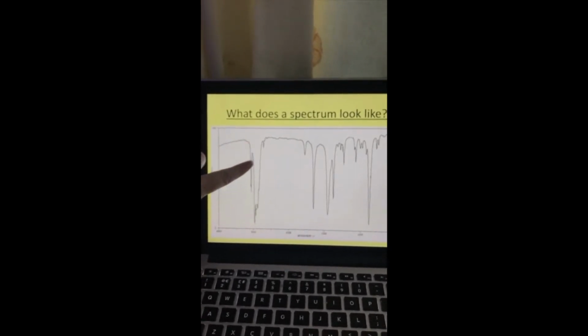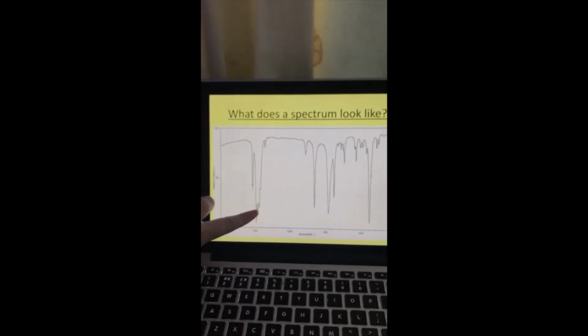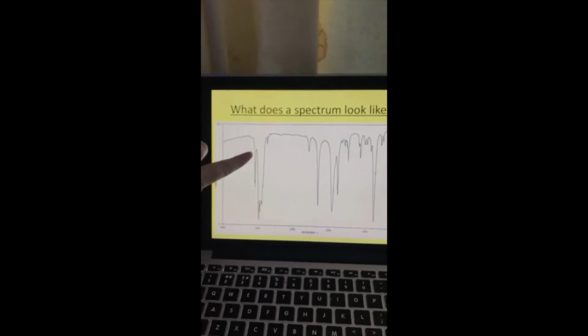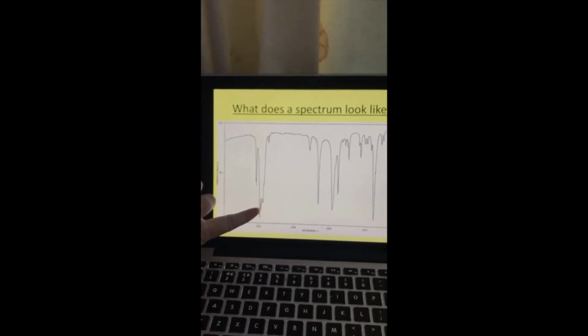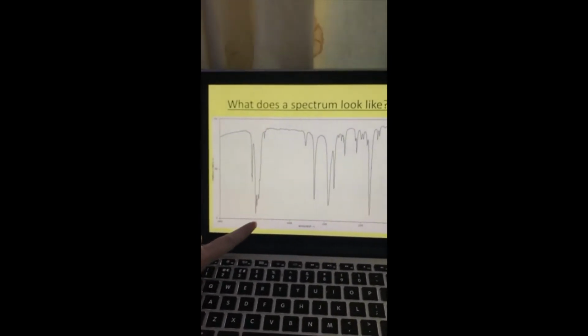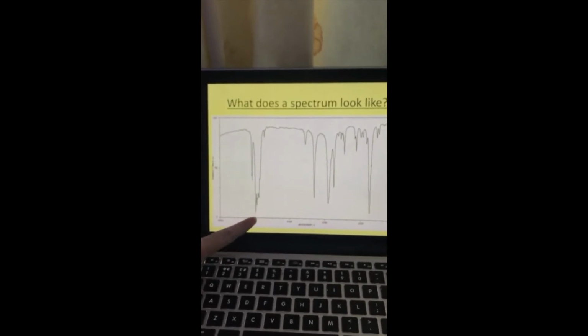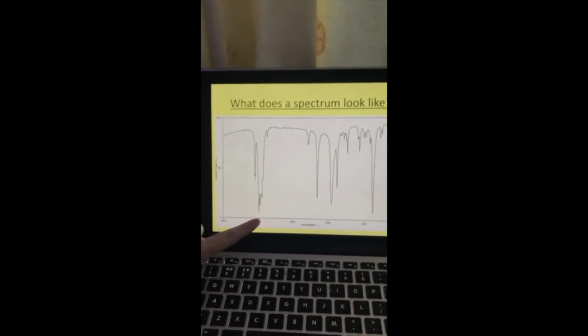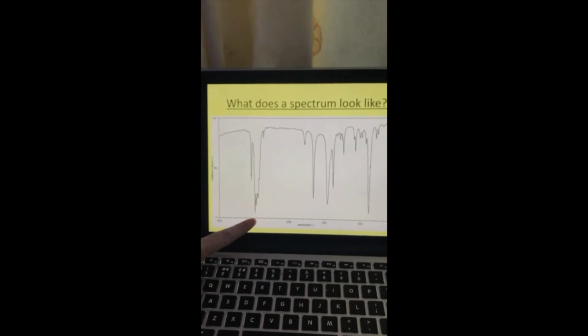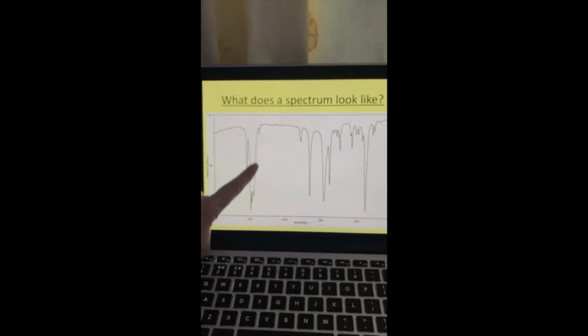And then you get these spikes or these troughs, okay, peaks, troughs, where at that point, obviously that particular wave number, inverse wavelength of infrared radiation, has been absorbed by the sample.